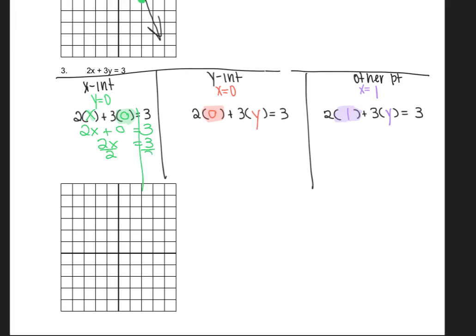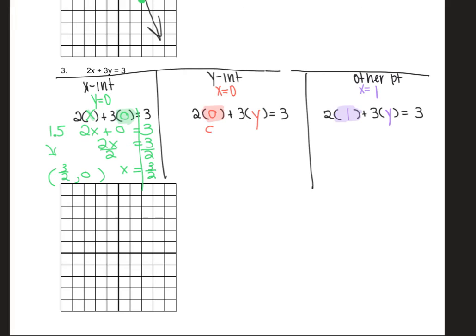Divided by 2, divided by 2. I get x equals 3 over 2. Now, it's not pretty, but it's not terrible. I'm going to get 3 over 2, comma 0. And remember, that's like saying 1.5. I just make a mental note so that when I graph it, I know I'm between 1 and 2, right?